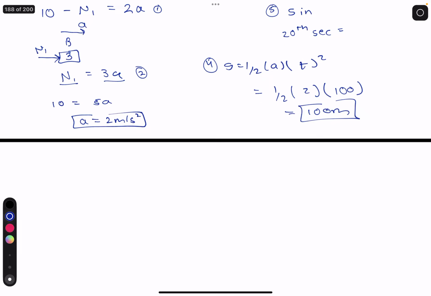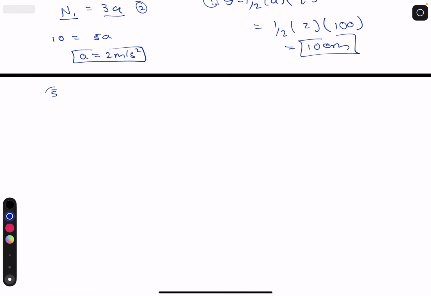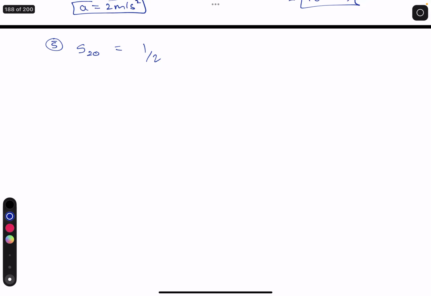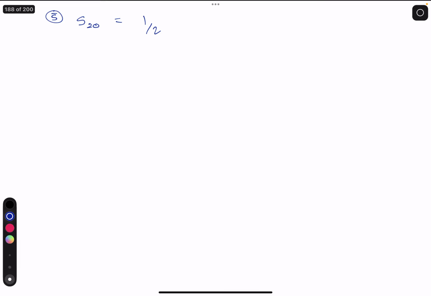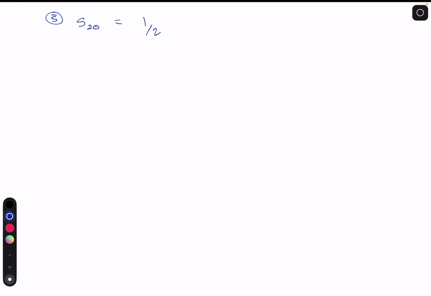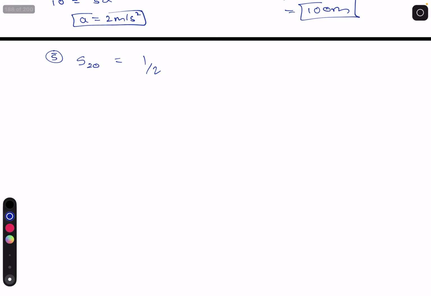Now the 20th second, S20. This is equal to half. If we want to derive this formula, I'll do that at the end of this video. So the formula for this is half A times 2n minus 1, or 2t minus 1, where the tth second is being used.